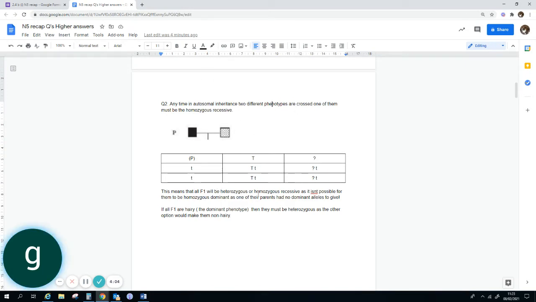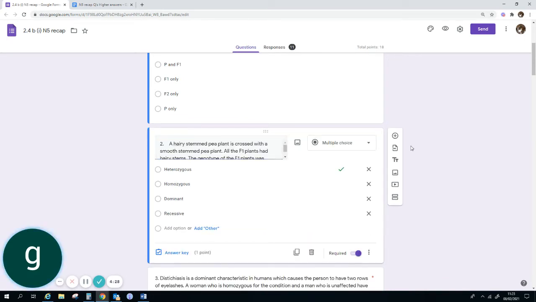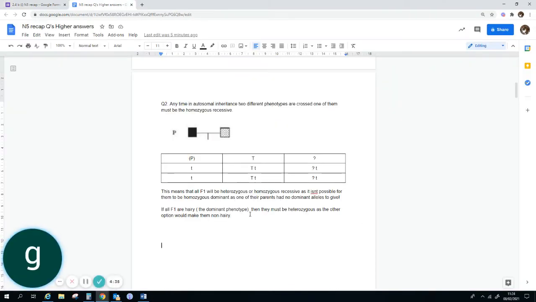It means that all of the F1s will either be heterozygous or homozygous recessive, as it isn't possible for them to be homozygous dominant as one of the parents doesn't have that allele. The fact that all the F1s are hairy, which is the dominant phenotype, means they must be heterozygotes, because again, like in the previous question, all of the F1 plants are showing the dominant phenotype, and one of the parents can only give out recessive alleles.